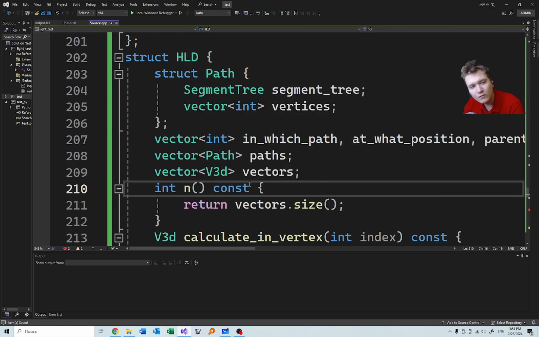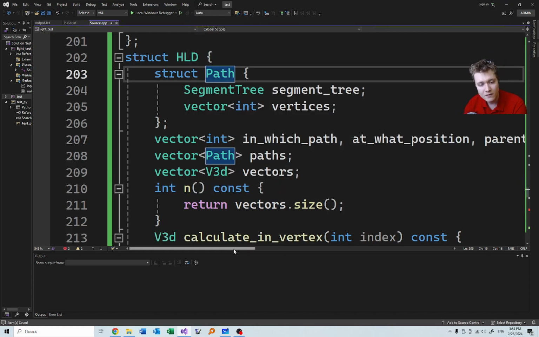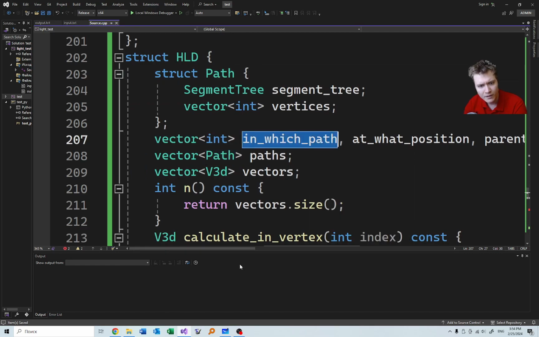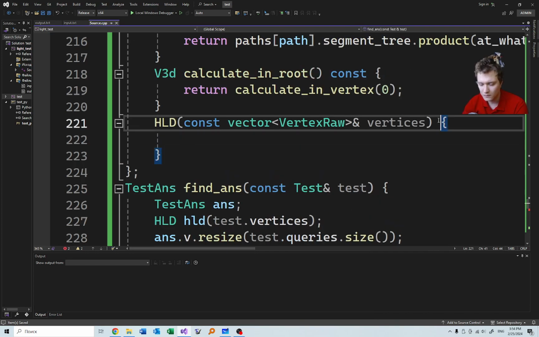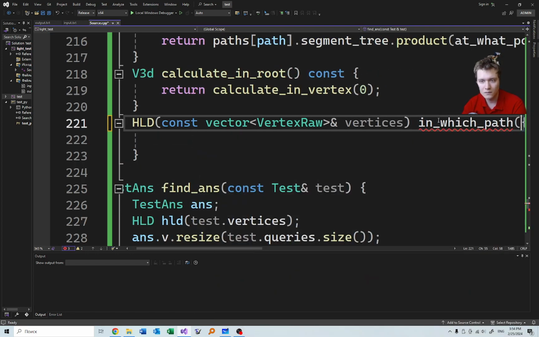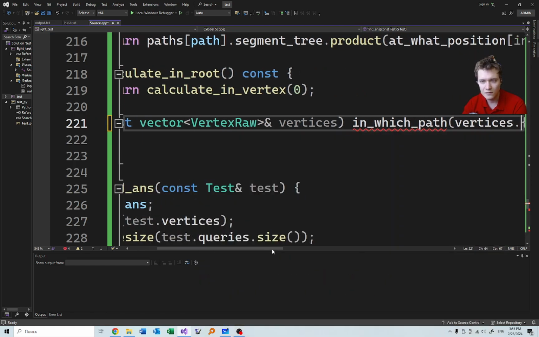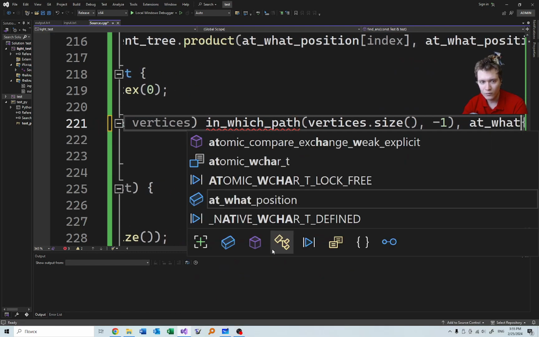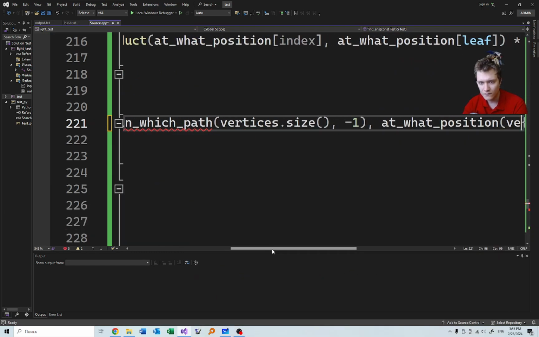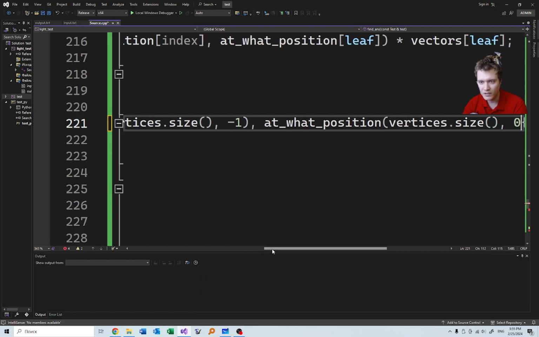We still don't know how many paths there will be, but we already know in which path is vertices dot size minus 1, and at what position is also vertices dot size minus 1.